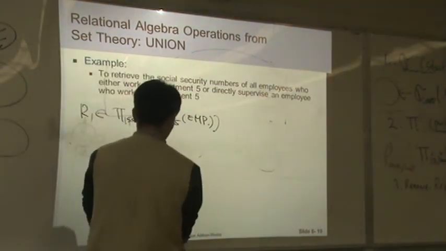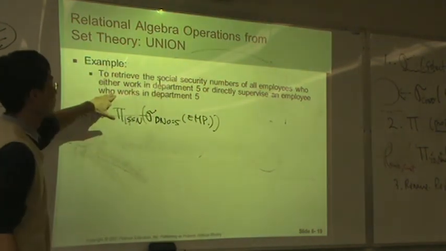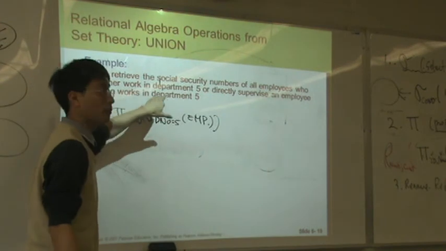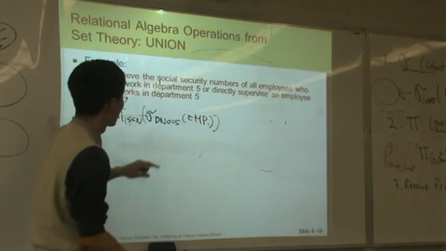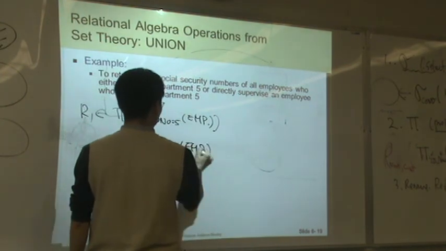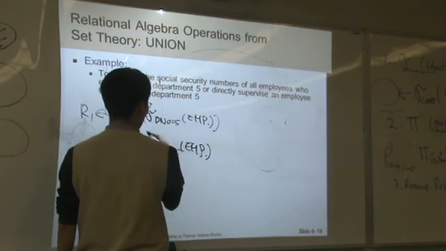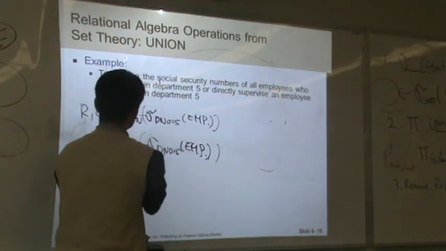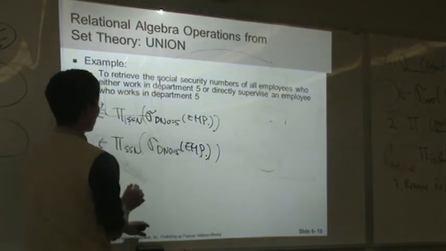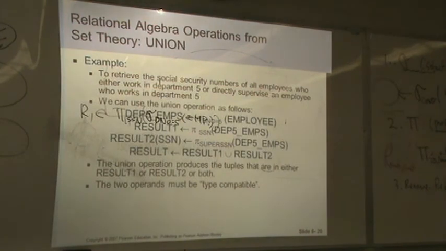So what do we need? We need employee information, who works in department number 5, first. I think this is the same, we can use this one. Let's see the example.